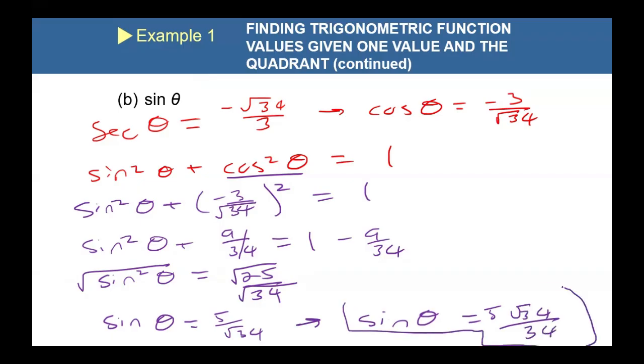And that now makes 100% sense. It's positive because we're in quadrant number 2. Yes, that feels better. And it makes more sense. And that's because your radius isn't 1. Our radius was the square root of 34.